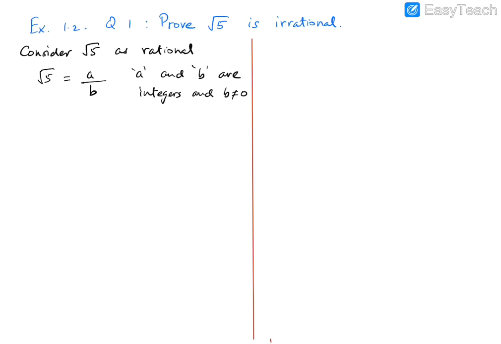This is our assumption. Like before, we can move the b to the other side, so we get b root 5 equals a, and we can square this equation and we get 5b square equals a square.